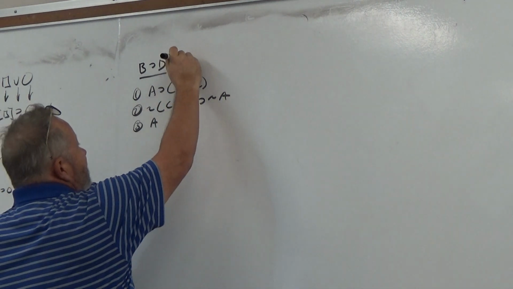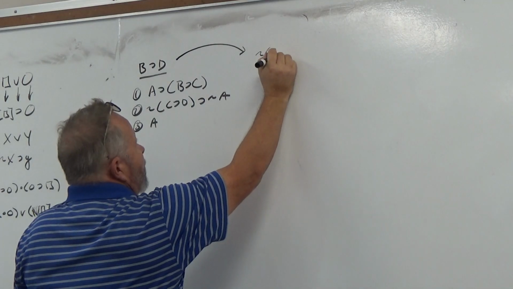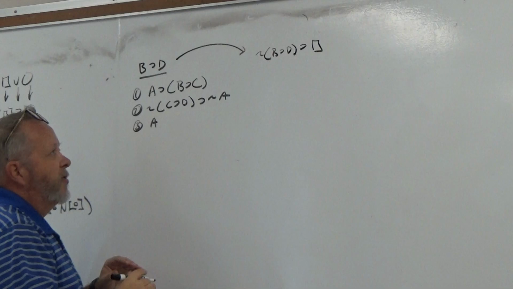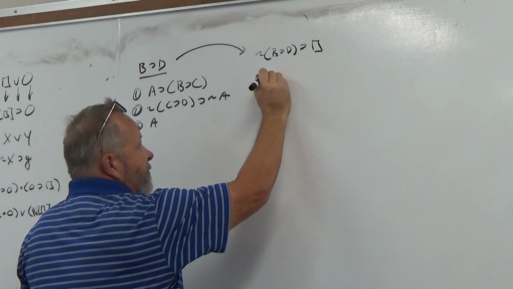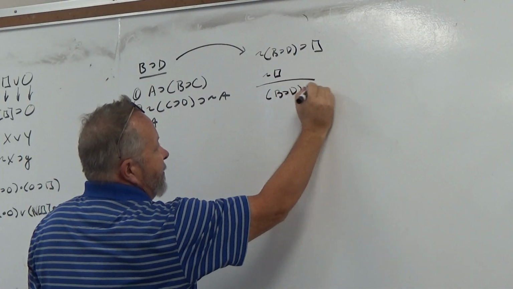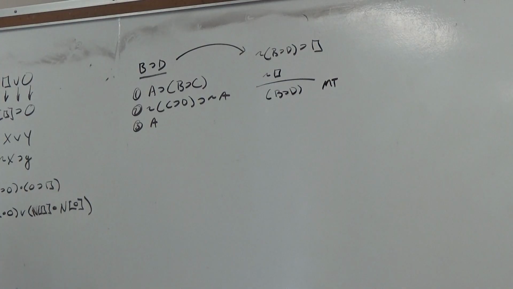So the next thing I start thinking about is look for its opposite, not B then D, in the antecedent of a conditional, because if I can find the opposite of that, then I can get B then D by modus tollens, okay? So I look for not B then D in an antecedent, and I don't see that, okay?